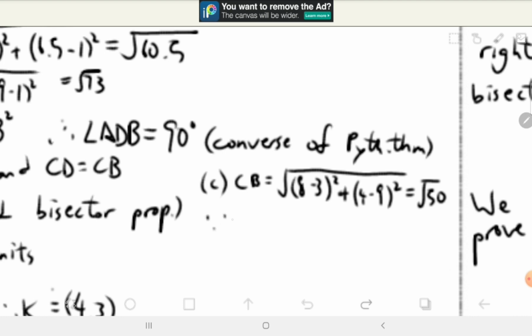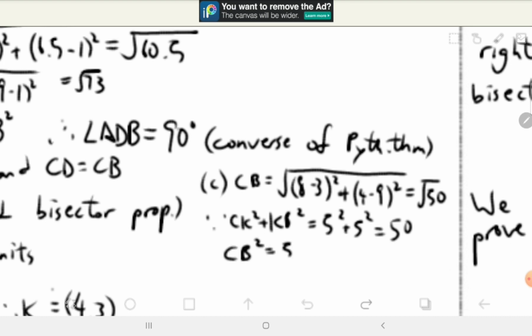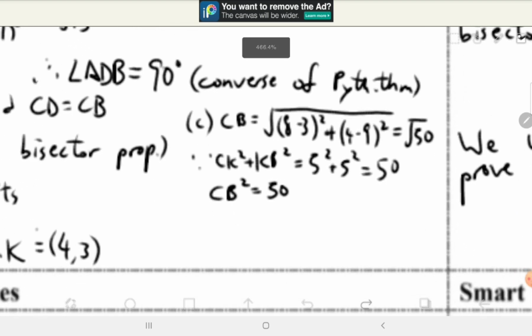After calculating, we can find out that CK squared plus KB squared equals 50, and CB squared also equals 50, which means CK squared plus KB squared equals CB squared.